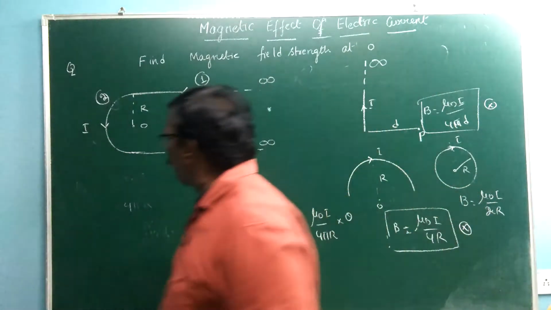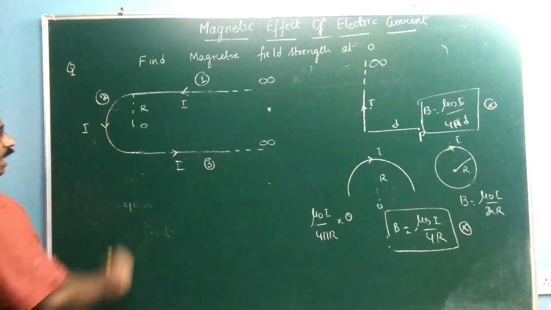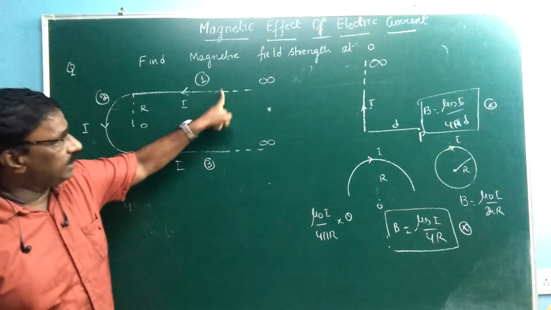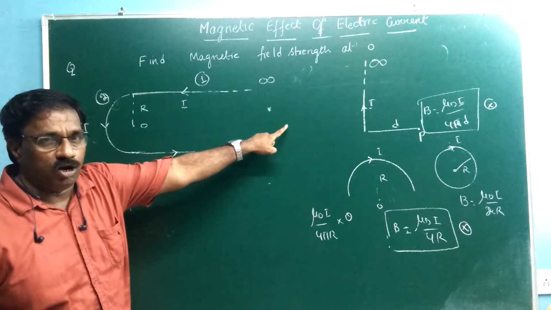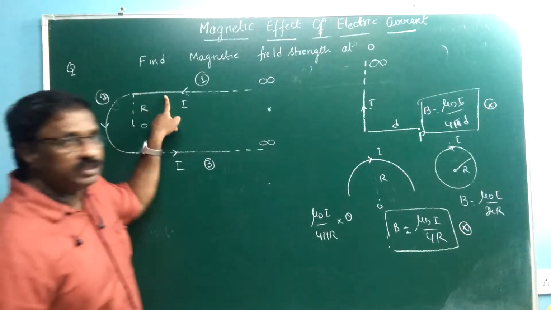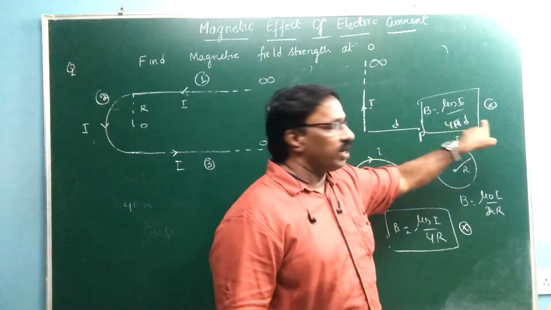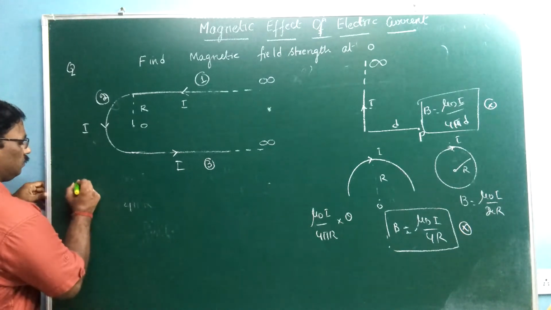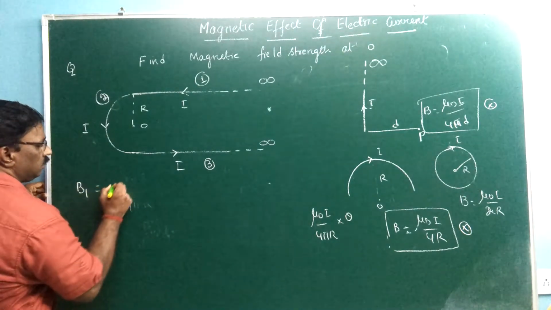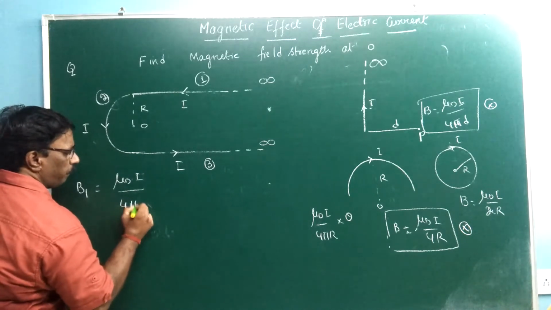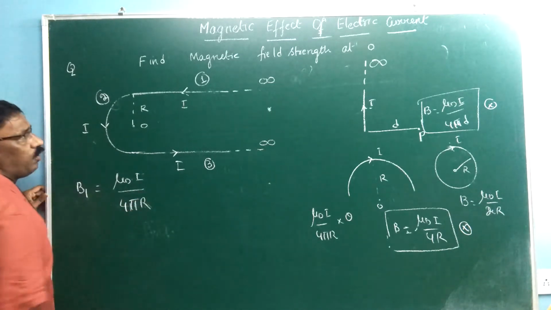Coming to the first conductor, point O is at one end of this conductor. The other end is at infinity, a very long conductor. So we call this a semi-infinite wire. What is the formula for a semi-infinite wire? B equal to mu naught I by 4 pi d. Here d equal to how much? R. So B1 is mu naught I by 4 pi R. How to give direction?